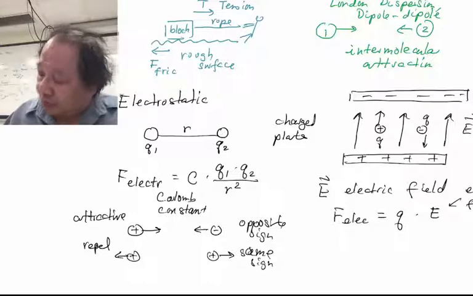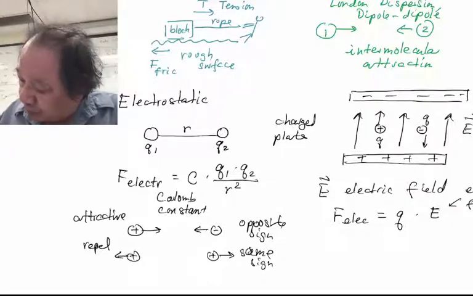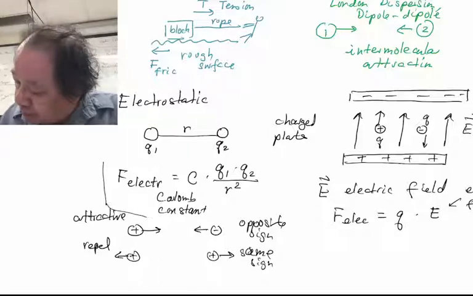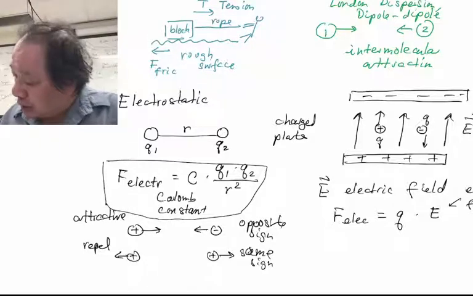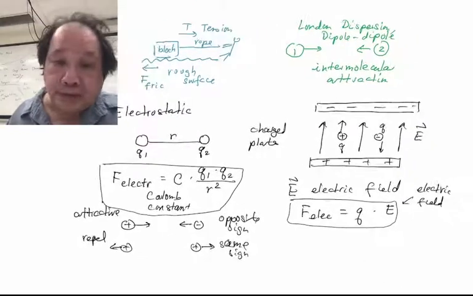So these are two different ways of looking at electrostatic force. This one is for a pair of bodies, and this one is most useful when you're dealing with uniform plates.